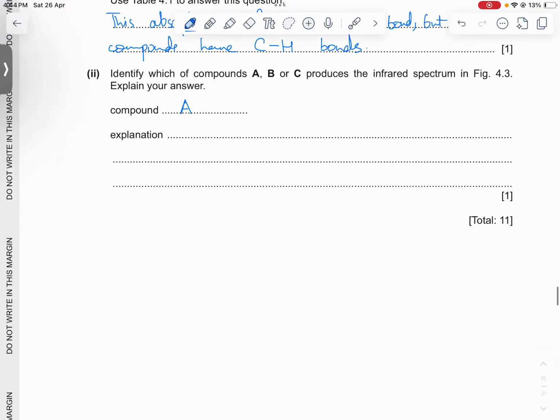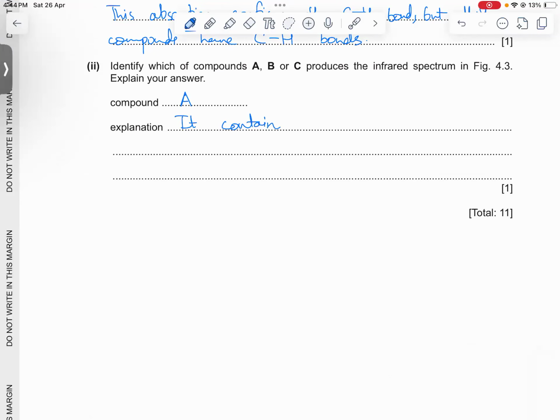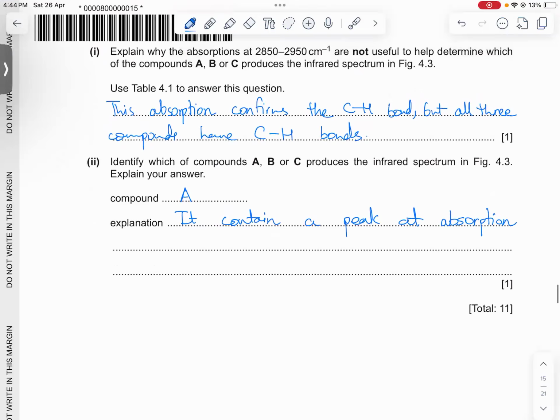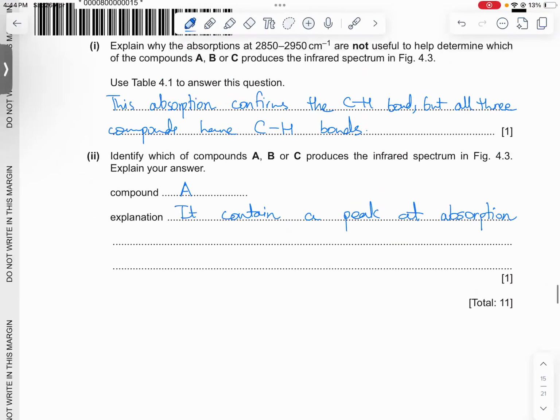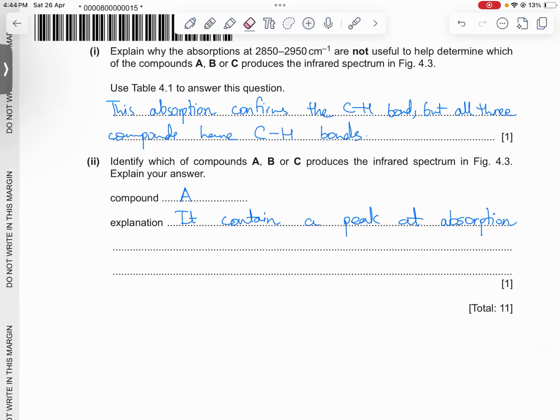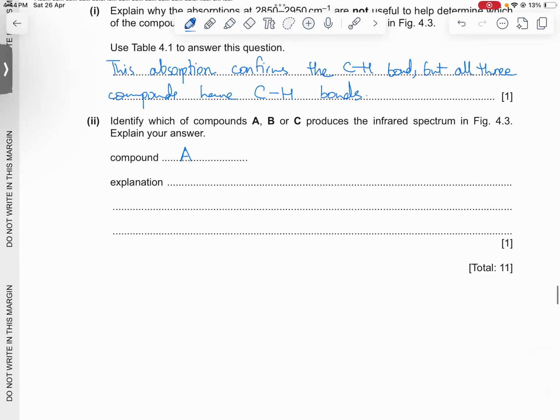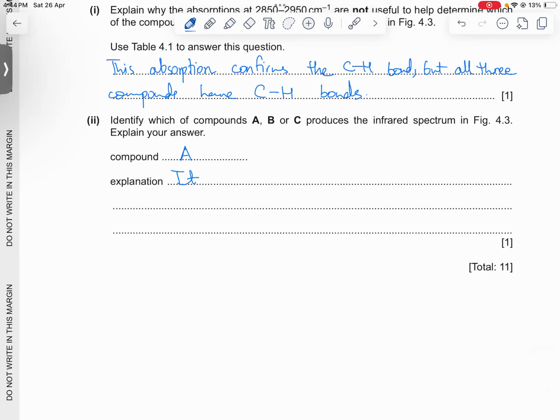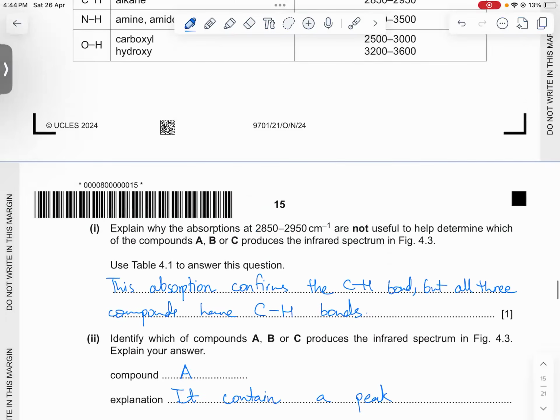It contains a peak at absorption... How can we produce the sentence? It's only a matter of wording. It contains a peak, this is actually called the wave number.